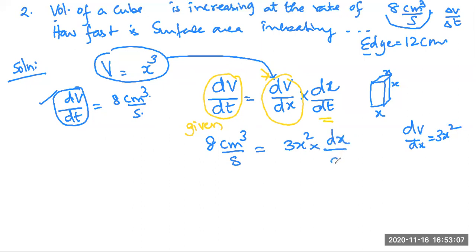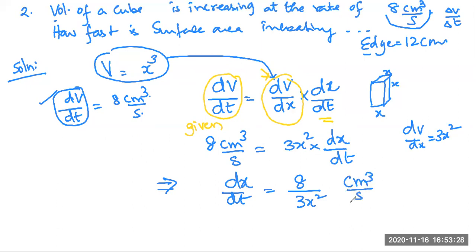I don't know this, so I am writing it as dx by dt. So from here, you will get dx by dt equal to 8 by 3x square, so many centimeter cube per second.